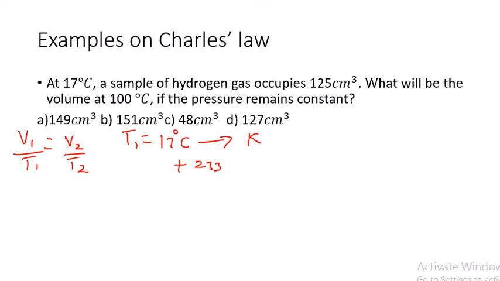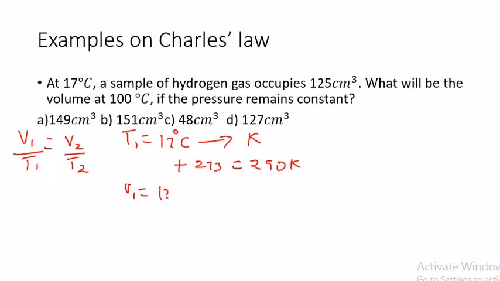273 plus 17 will give us 290. This is 290 Kelvin, and we are given the initial volume.